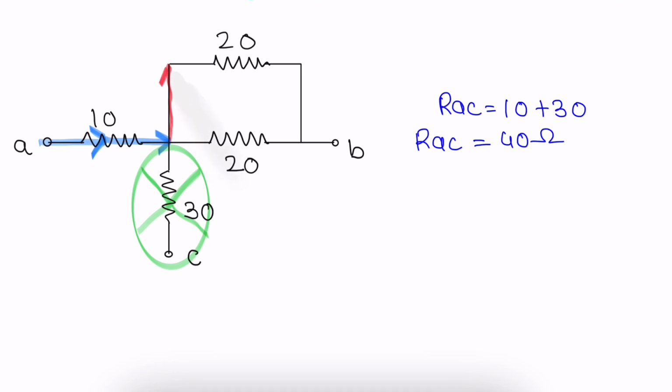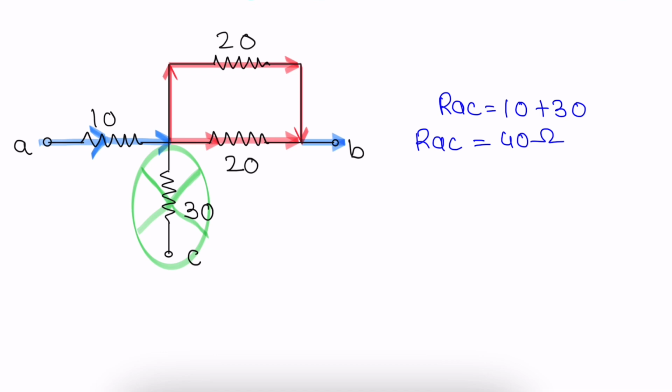One part will flow through this 20 ohm component, another part will flow through this other 20 ohm component, and then the current will reach terminal B and then back to the battery.